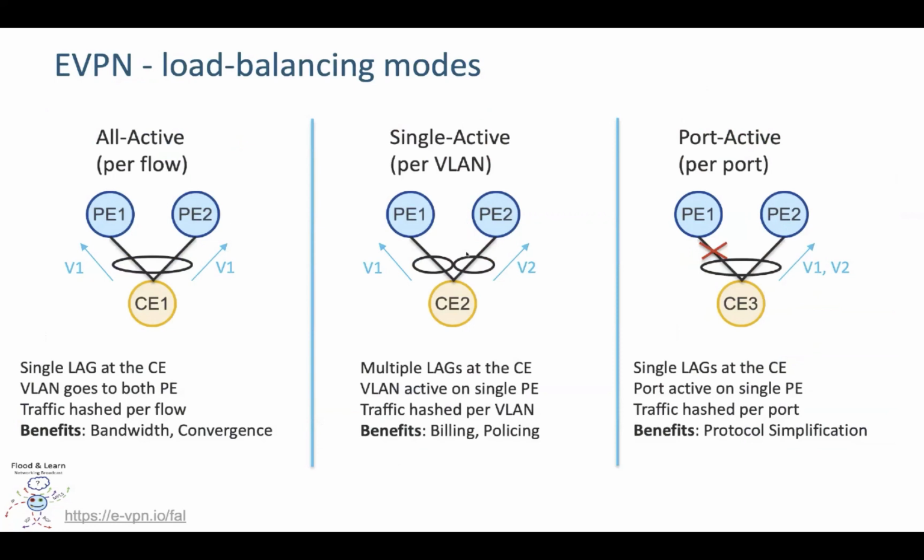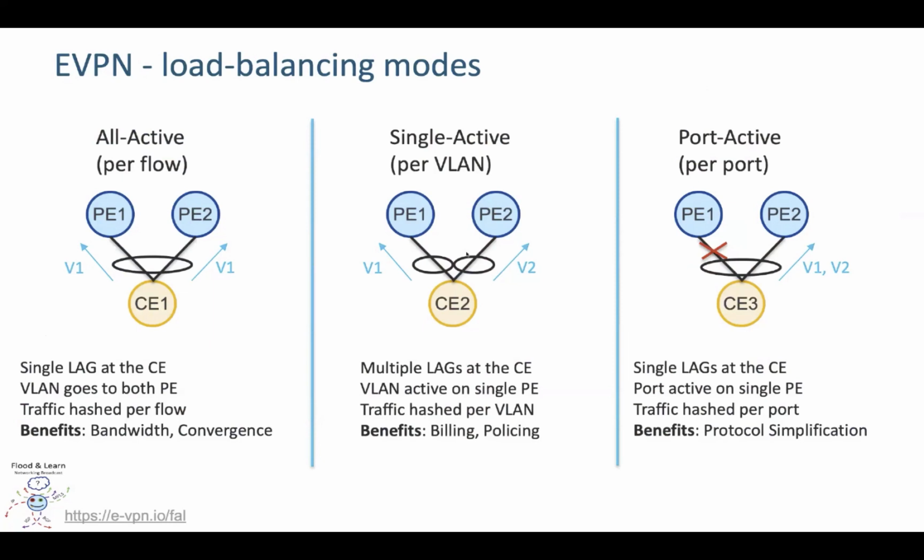The next one is single-active. Single-active is where the CE has 2 completely independent uplinks, and initially it will flood the traffic on both, and only one will reply. We can also do it per VLAN, so one VLAN will be active to PE1 and the second VLAN will be active to PE2.